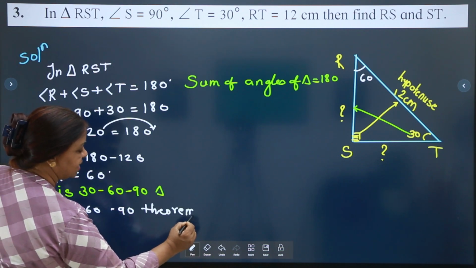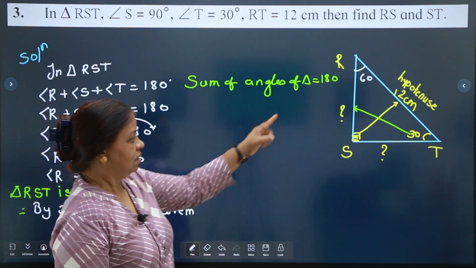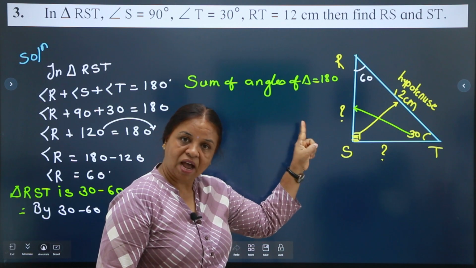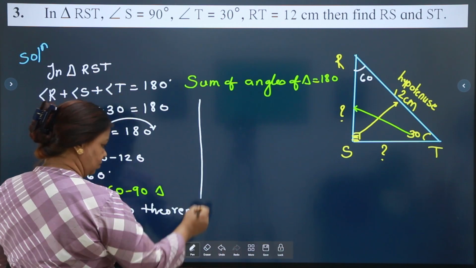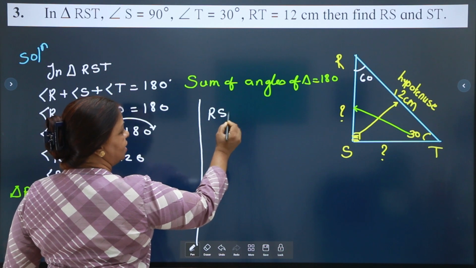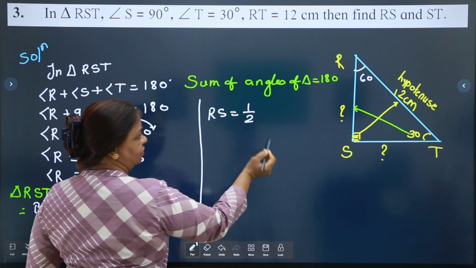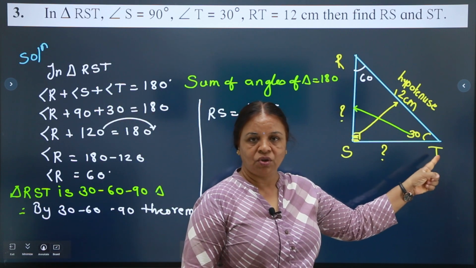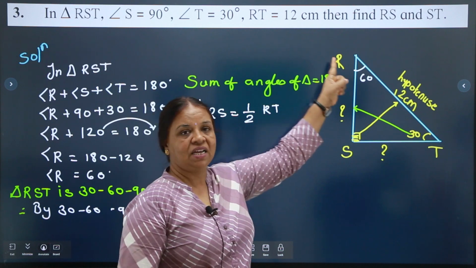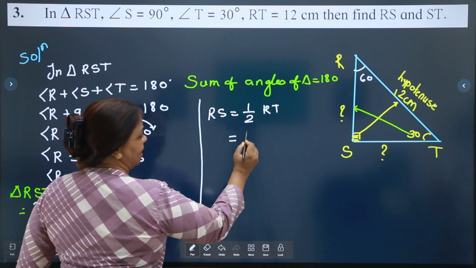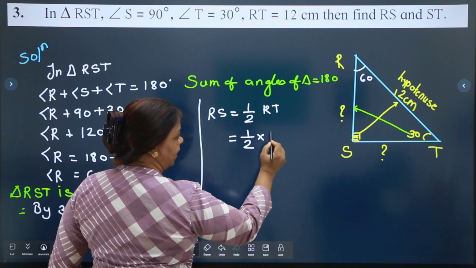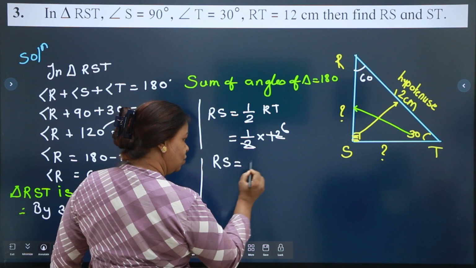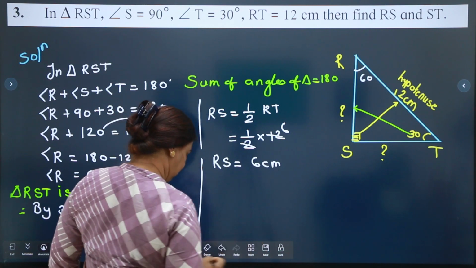What does the 30, 60, 90 theorem say? The side which is opposite to 30 degrees is RS. So RS is equal to half of RT. What is RT? RT is the hypotenuse. So RS is going to be half of RT. Let's place the value. Half into RT is 12. 2 ones are 2, 2 sixes are 12. RS is equal to 6 centimeters.